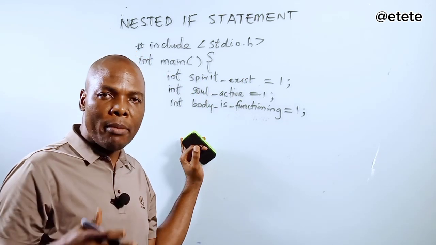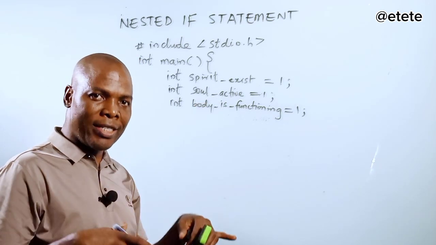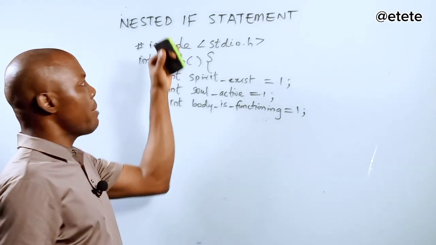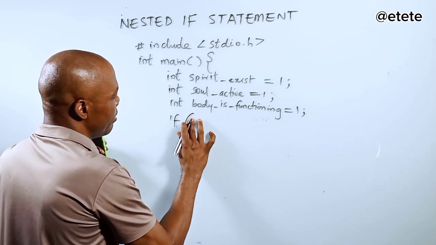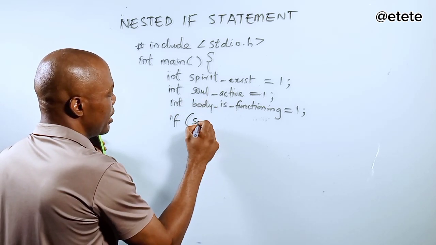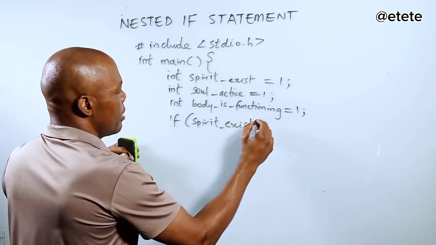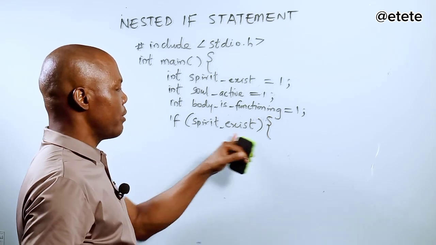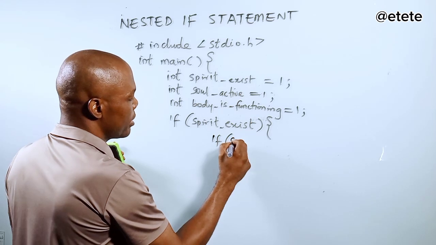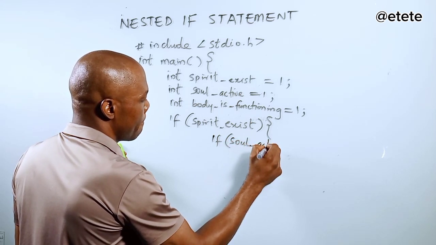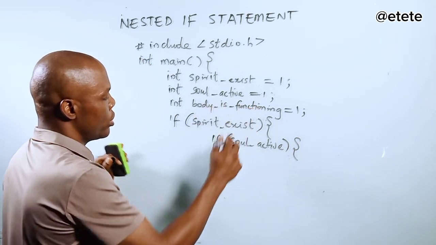So consider the integer realm as the main simulation. And then you have all these other ones existing in that simulation. So now I'm going to write my nested if statement. So here I will say if, then I will have the first condition, which is what? Spirit exists. Then I will go in. If spirit exists, I'll come in and then test the second condition. If soul active, then I'll go in and I'll test the third condition.